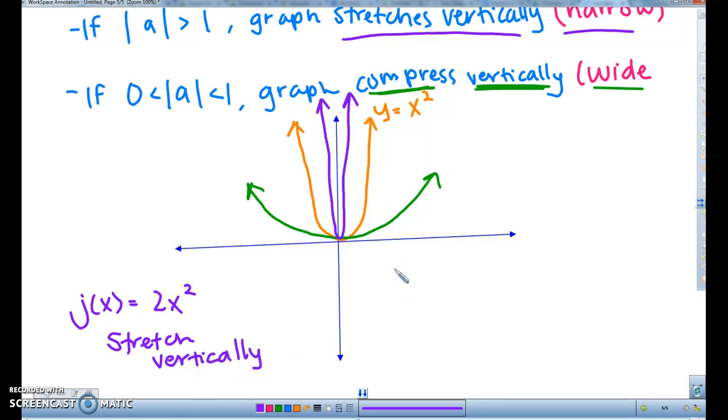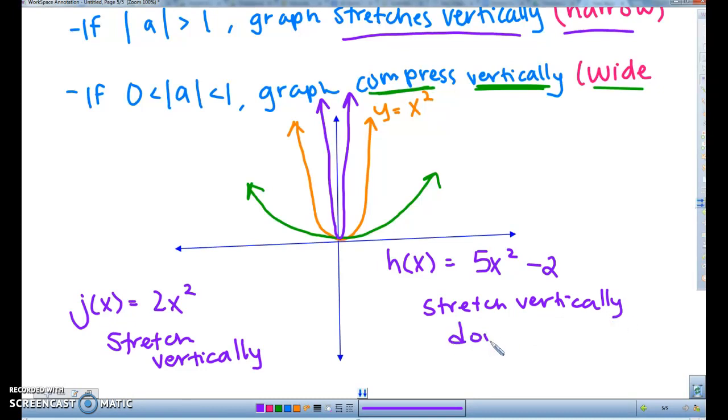Try this one on your own. h of x is equal to 5x squared minus 2. So you're going to have 2 graph transformations there. See if you can tell me what they are. Good, it's going to stretch vertically, but is also going down 2.